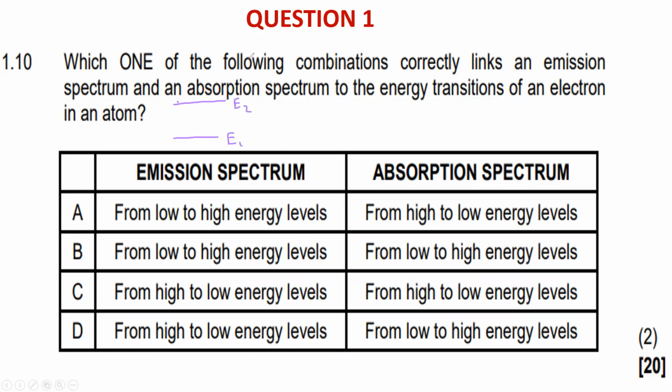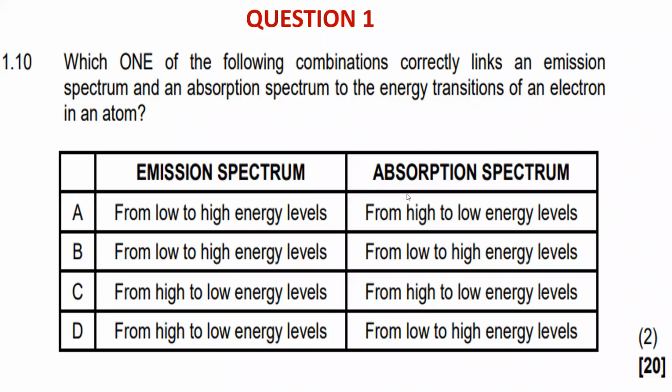And then you have an electron here. Let's say firstly it's going up. If it is going up from a low to a high energy level, what's going on? First of all, we should remember that.